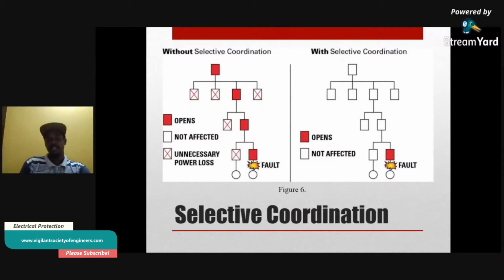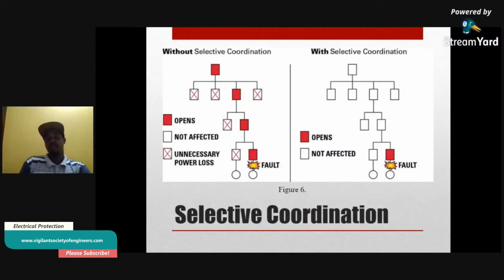All right? So you need protection at the closest point where a particular load is located. One of the things we bear in mind when we are setting up a distributed power system is that each branch is protected by an overcurrent protection.